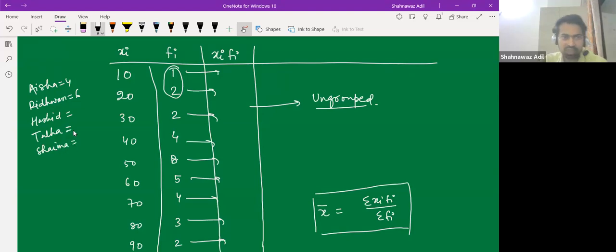Shaima is saying 2. Hashid and Talha, what about your guesses? Sir, I said it by mistake. So it's 2. Okay, so Aisha has gone to Shaima's league. Hashid is saying 2.